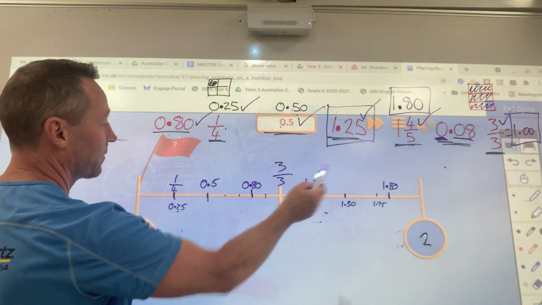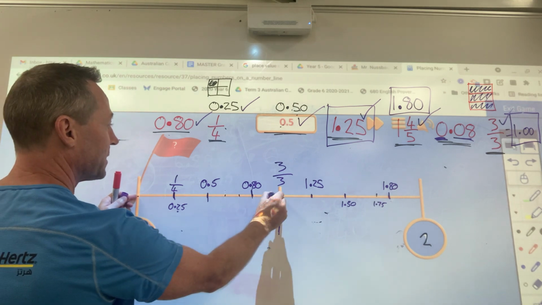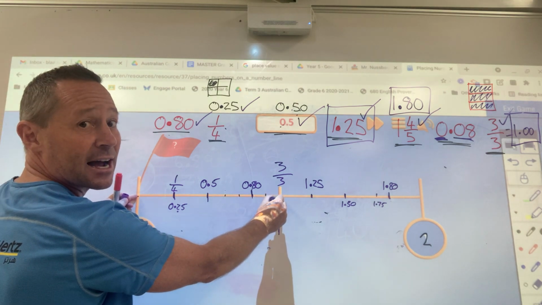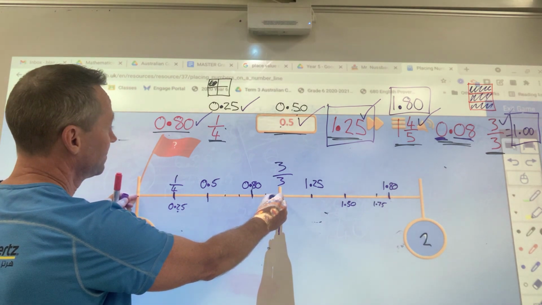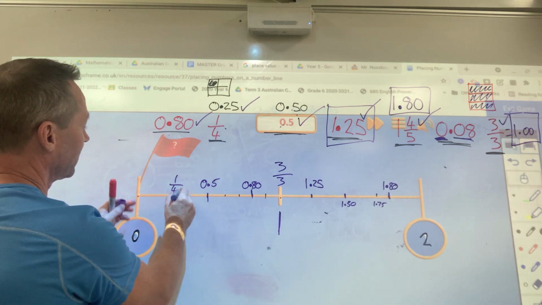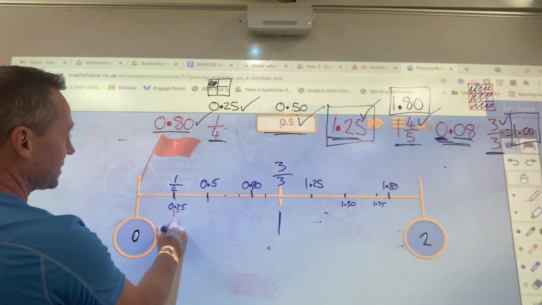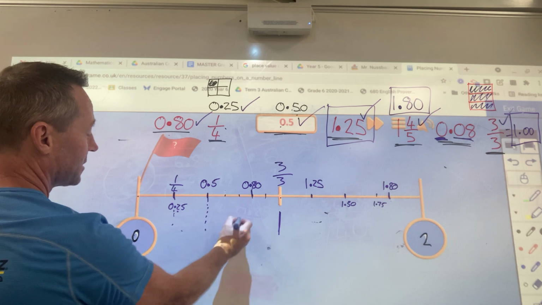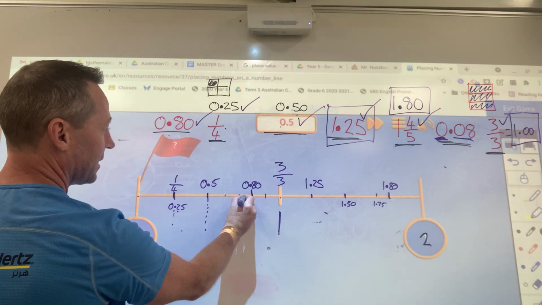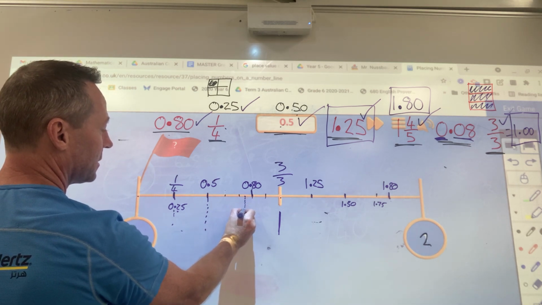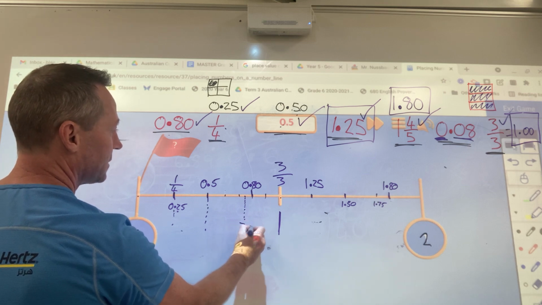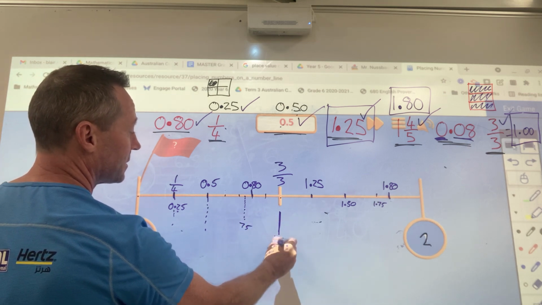It's a bit like saying this from here to here has been sliced up into 100 bits. Now if this roughly is 25 bits, this is 50 bits, this one between here would be 75 bits, that one would be 100 bits.